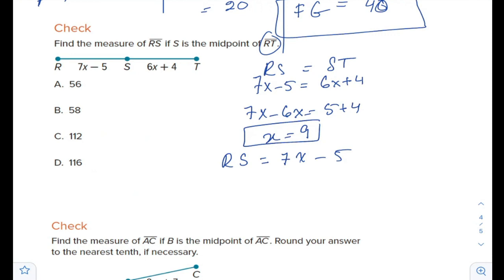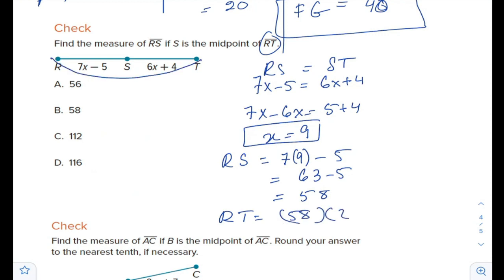I will replace x by 9. So it is 63 minus 5, which is 58. He wants what? RT. So RT is 58 times 2, because RT is the whole measure. So 58 times 2 is 116.